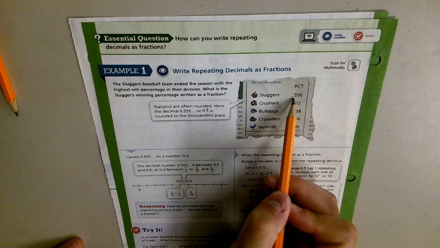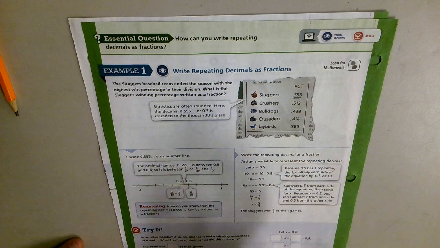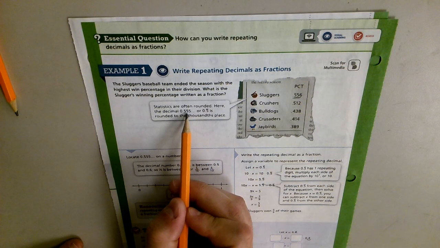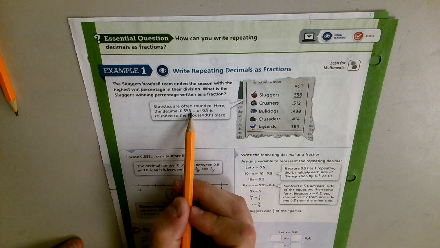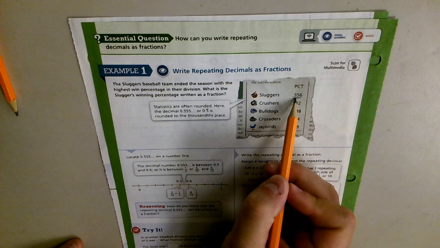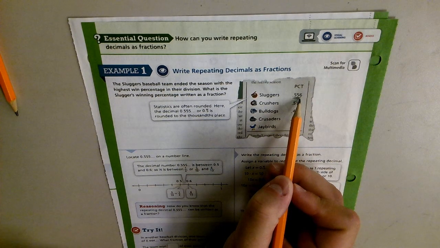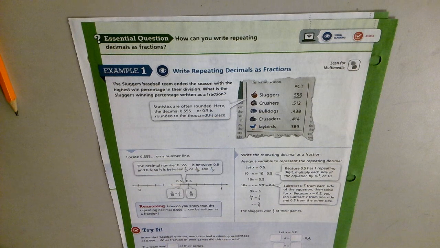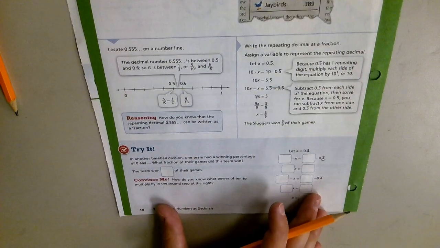This win percentage right here is the one we're going to be looking at, and they're telling us that it really is 0.5 repeating, but in order to fit it on the paper, we round it at the thousandths place. So fractions can actually represent these quantities a little more accurately, so sometimes we want to use fractions instead of rounding. So what we do is we have to convert it.